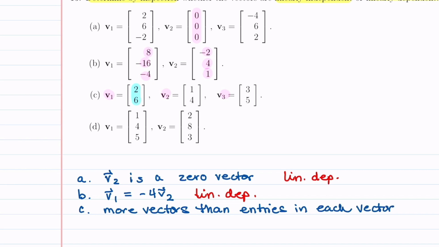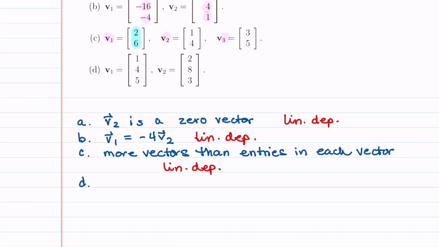Whenever you have a case like this, the vectors are linearly dependent. The reason for this is if you were to put V1, V2, and V3 in a matrix and row reduce it, because of the structure, every column could not have a pivot. So you're always going to have linearly dependent vectors.